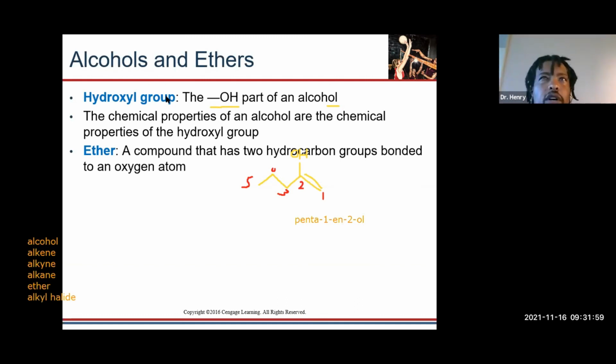There's one way which is called the common name way, and I'll show you how to do that just for these guys because it's a lot easier. And then I'll also show you the IUPAC way, or what we call the systematic way. Ethers are when you have oxygen between hydrocarbons.